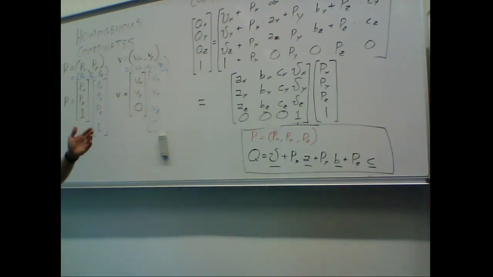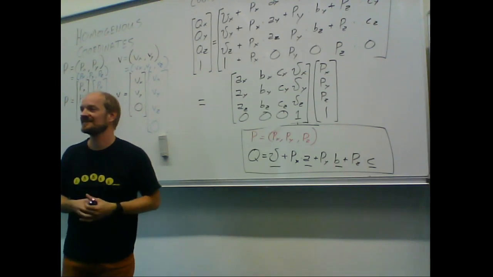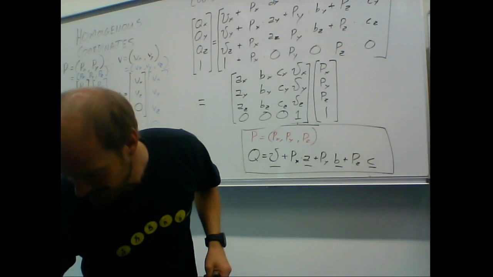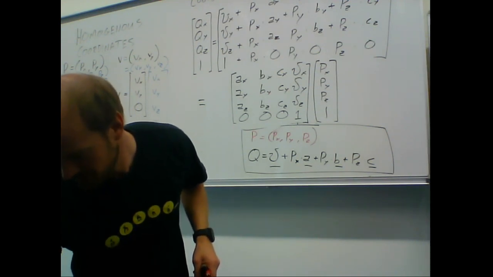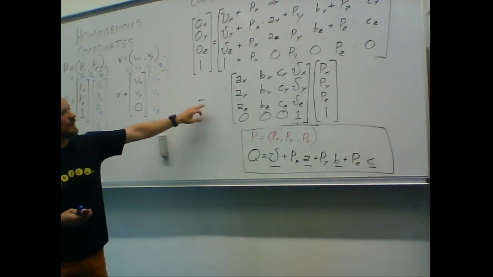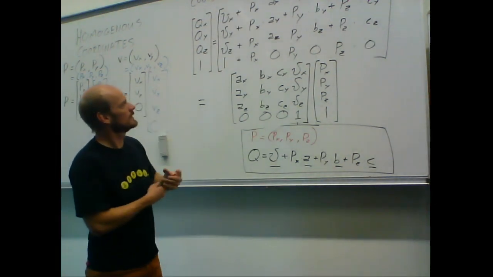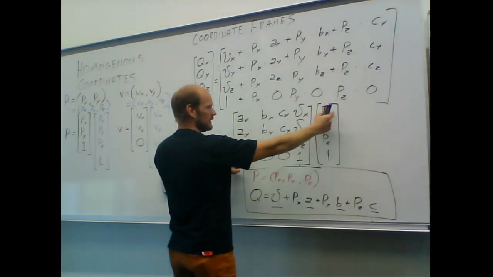Fair enough. Is this just a jumble of numbers to everyone, or does it make any sense as calculations? Why is it 0, 0, 0, 1? You can see that Px is multiplied by 0.